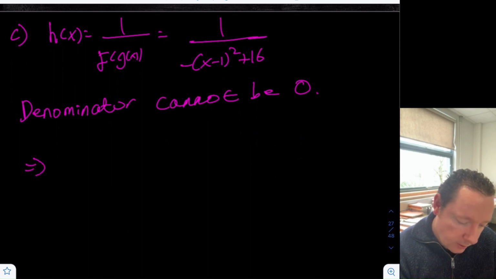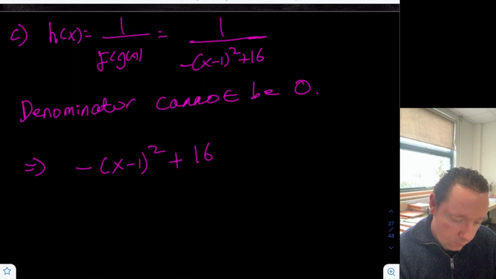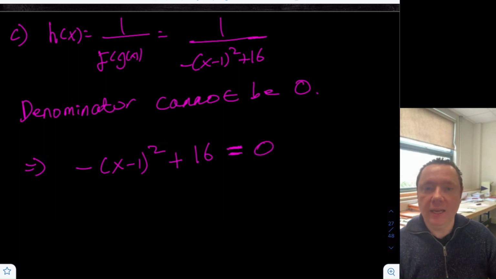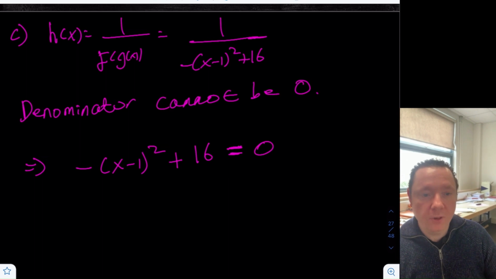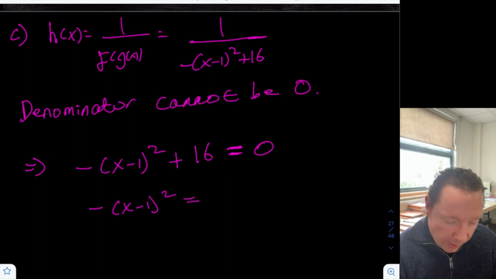So that implies minus (x minus 1) squared plus 16 is not 0. So try to solve that equal to 0 to see what that gives me. When it is 0, I can then say x can't be these numbers. We've already completed the square, so we can just say minus (x minus 1) squared equals minus 16.